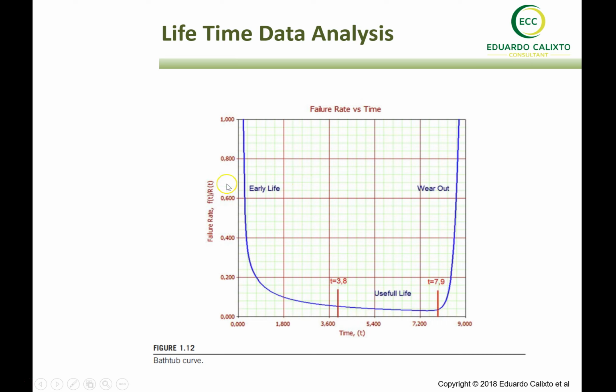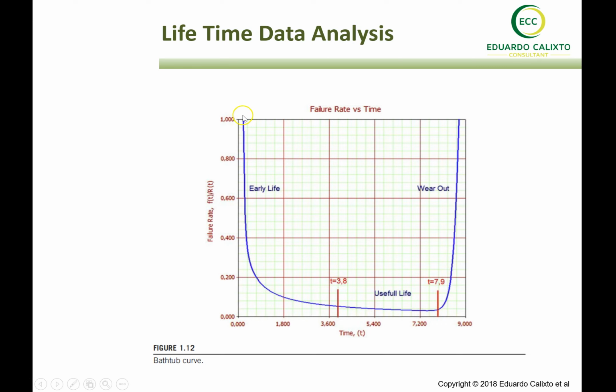Okay, the early life phase is where the project error or assembling manufacturing mistakes and commissioning human error happen as a cause of failure, and then the equipment has failures in the very beginning of its life when it's not expected.